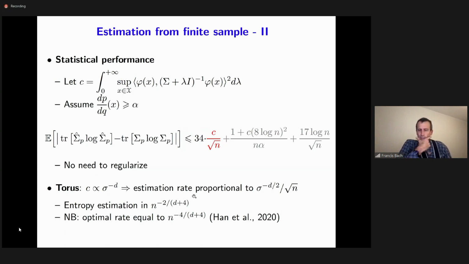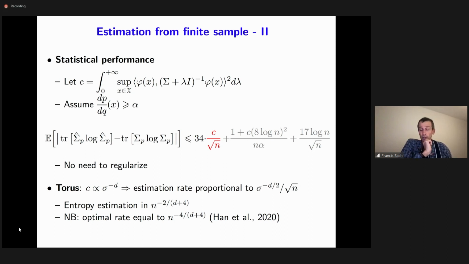Now you can play games by trying to see which sigma you should use if you want to estimate the true entropy. We have a bias of sigma squared, and the variance of that. So if you choose sigma correctly, depending on n, you would get an estimation of the true entropy. If you do that, you end up with a rate which is n to the power of minus 2 over d plus 4.